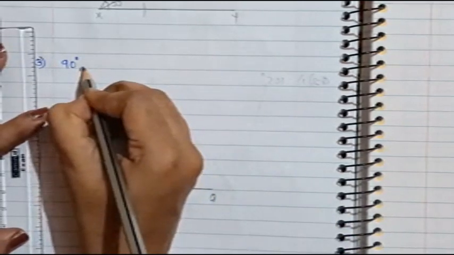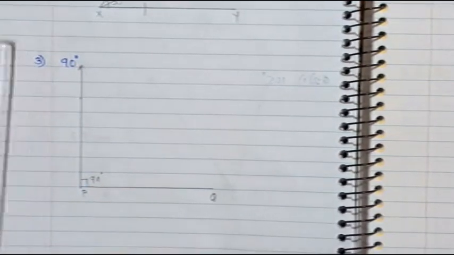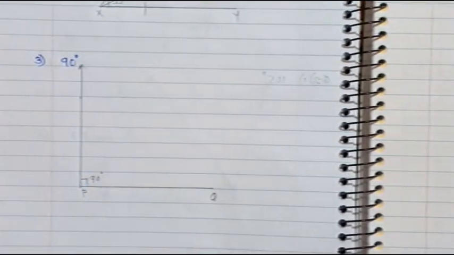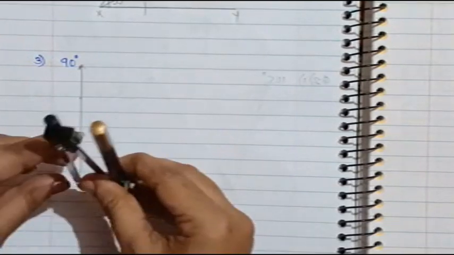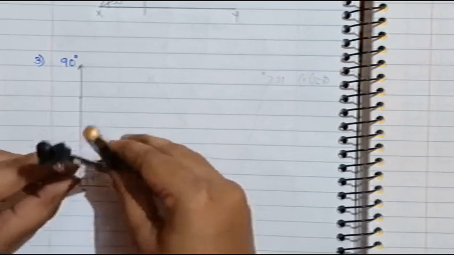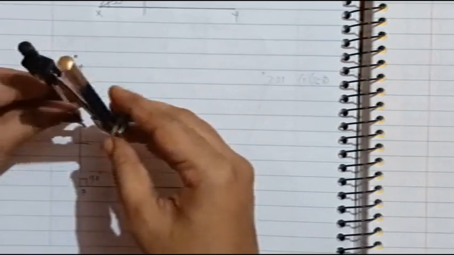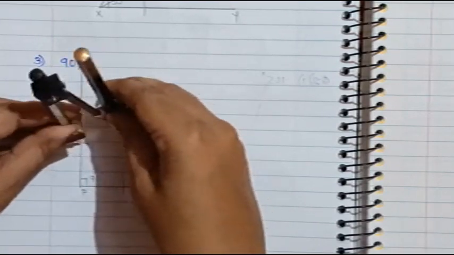So this is exactly what? 90 degrees. Now you are supposed to bisect this 90 degree angle. Again I'll take the distance that is less than half, and I'll then cut the sides. Then I'll draw the arc.